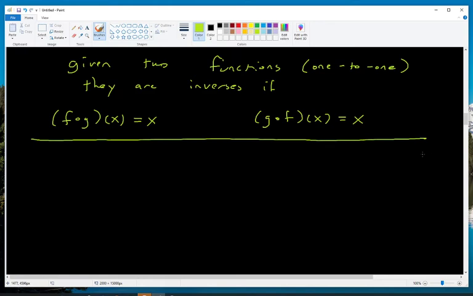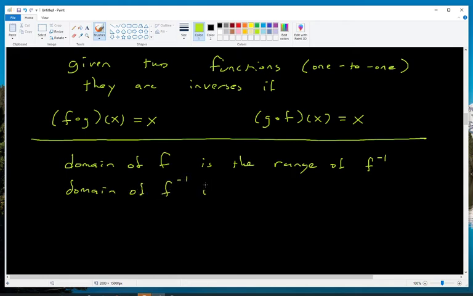We're also going to say a little bit about the domain and range real quick. There's kind of a neat relationship between these. We get the domain of f is the range of f inverse, and the domain of f inverse is the range of f.